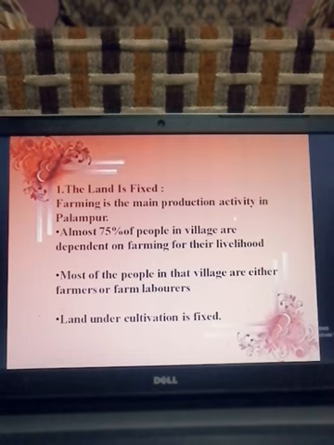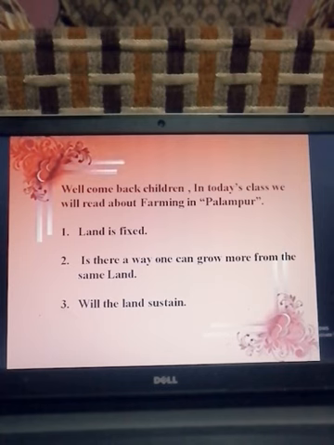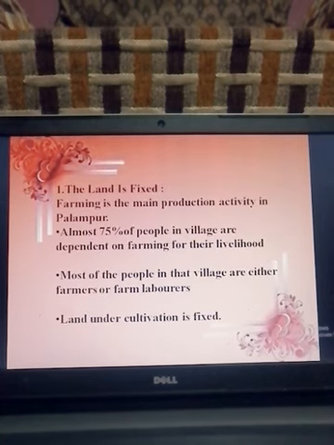It means the people are almost living their life on farming, and out of that, most villagers are either farmers or farm laborers. Farmers are those who own their land, whereas farm laborers are those who don't own land but still work in others' fields. That is the reason we say the land is fixed and it is under cultivation.